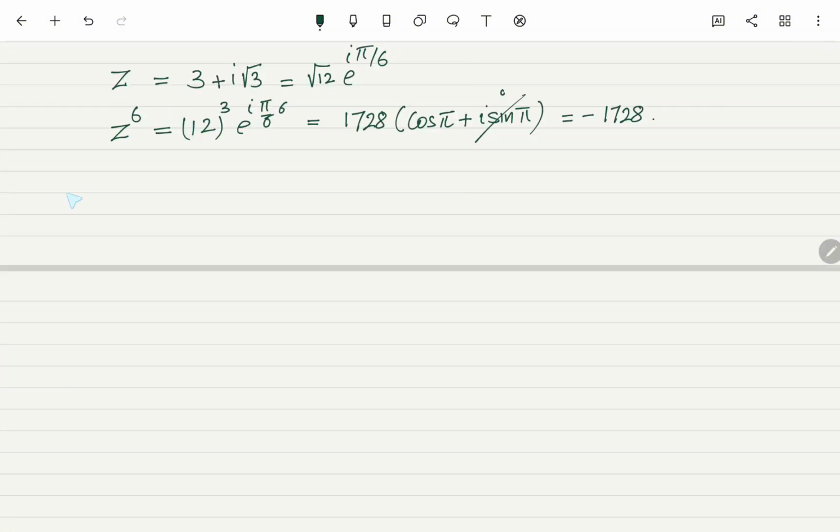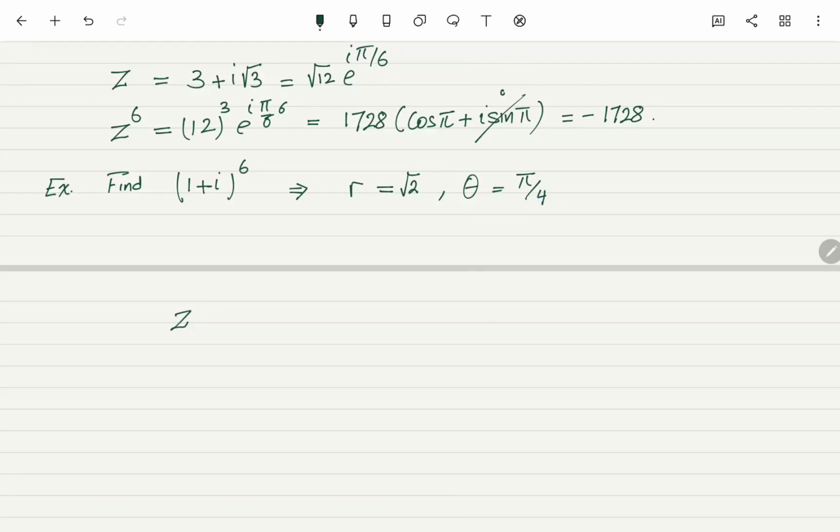Example, find (1 plus i) to the power 6. Again, let's find r equal to square root of x squared, which is 1, and y squared, which is 1 as well. So it's square root of 2, and theta is tan inverse 1 over 1, which is pi over 4.